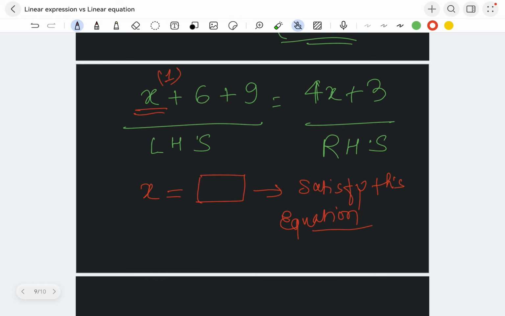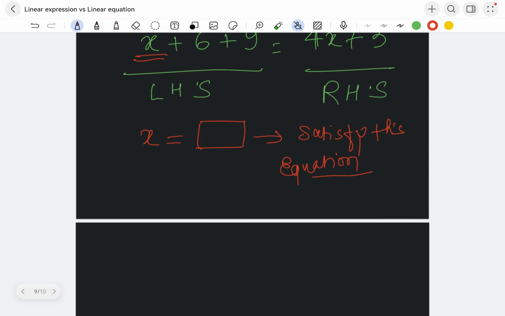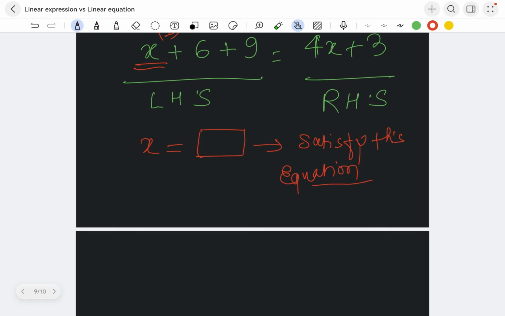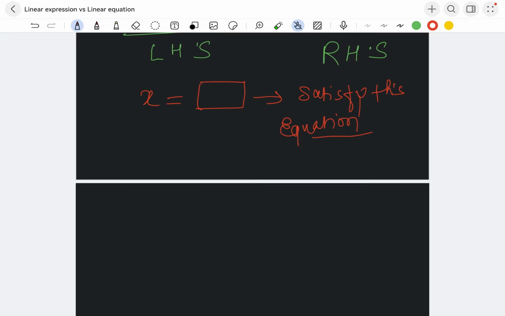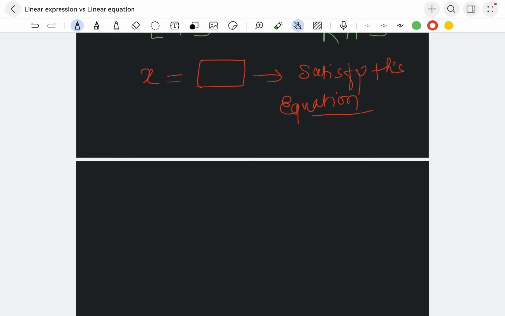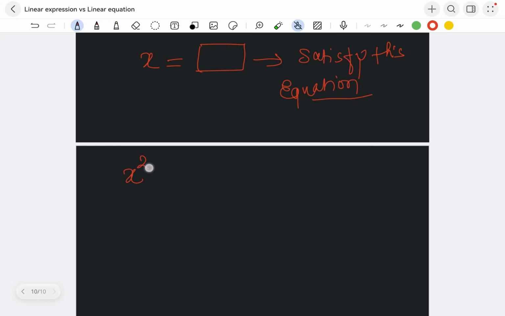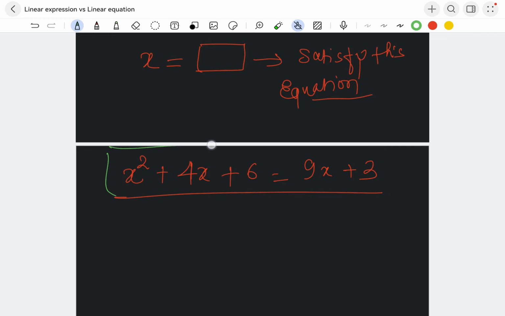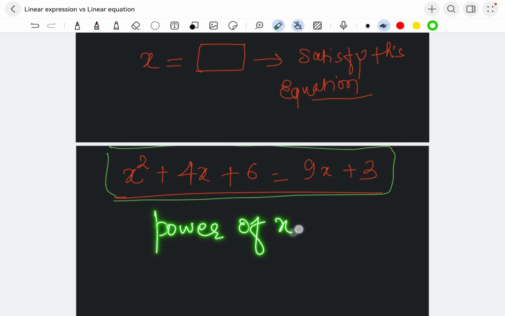Now you can ask me, Abhishek, can there be more values of x? Yes, there can be more values of x, provided the equation is quadratic. That means if there is an equation x square plus 4x plus 6 equal to 9x plus 3, if you see the highest power of x, there are two here, 1 and 2.